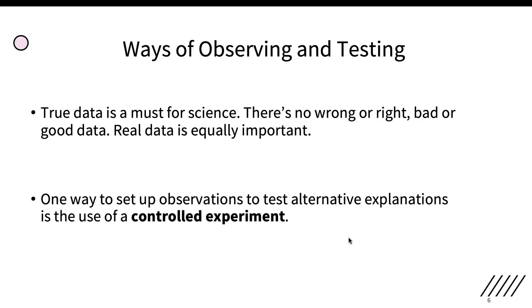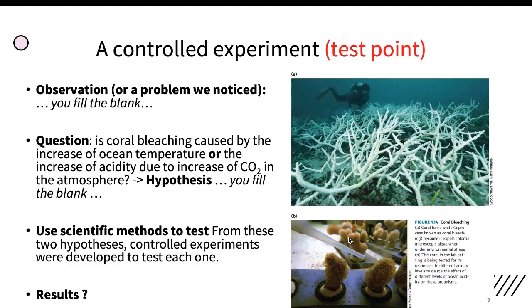And one way to set up observation to test the alternative explanation is the use of a controlled experiment. So what is a controlled experiment? I'm going to use one example here. It is also in our textbook. Please read it. Observation. What is the problem here, guys? After you read the textbook, you will know the coral reefs are dying.